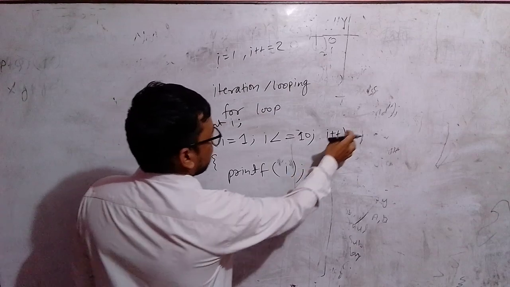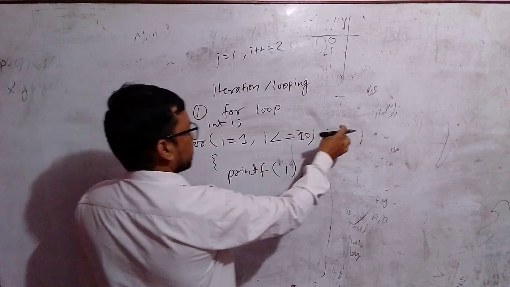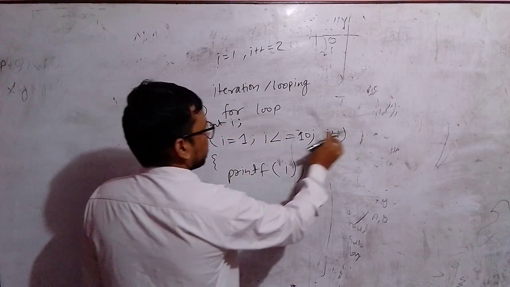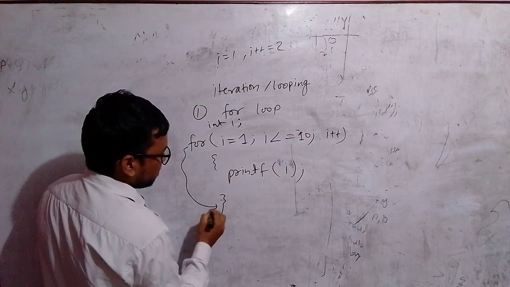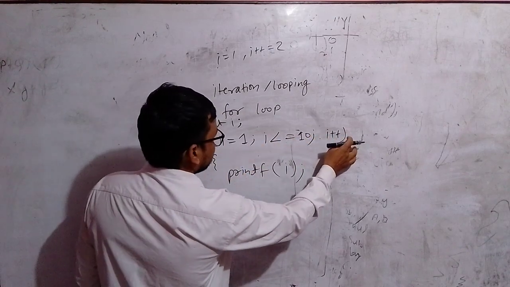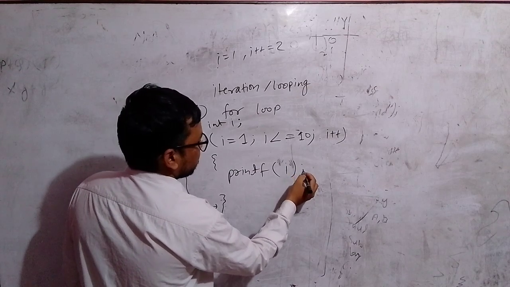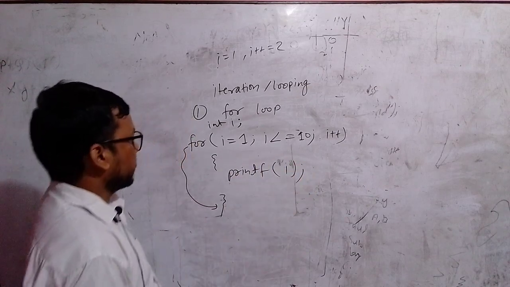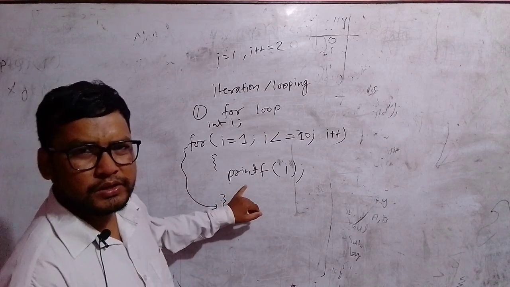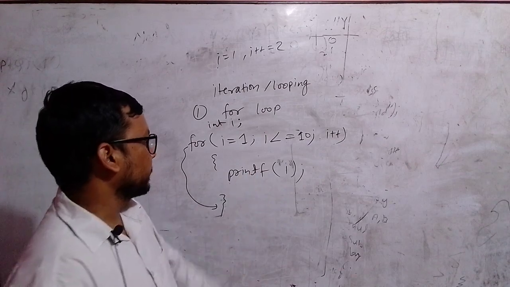We cannot give a semicolon here because if we give the semicolon, we are terminating this for loop here. But we need to write a semicolon here because this is the complete instruction. Now, this is one of the simple examples of the for loop.